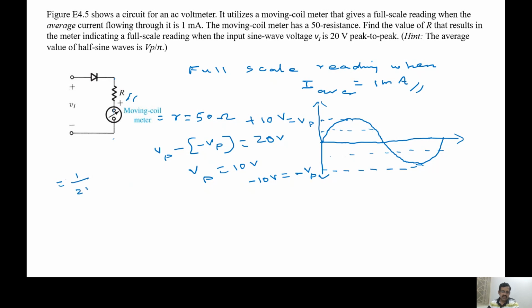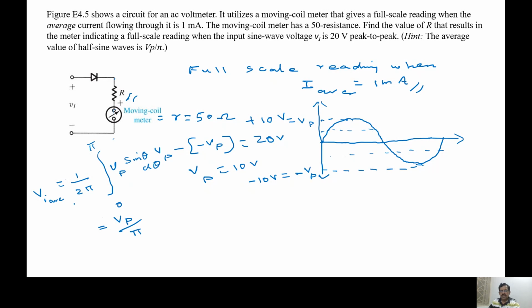If you were to find Vi average, you can do this over the half cycle. You will get the integral of Vp sine theta d theta. It will be minus cos theta, but with cos pi being minus 1, minus of minus gives the positive value.